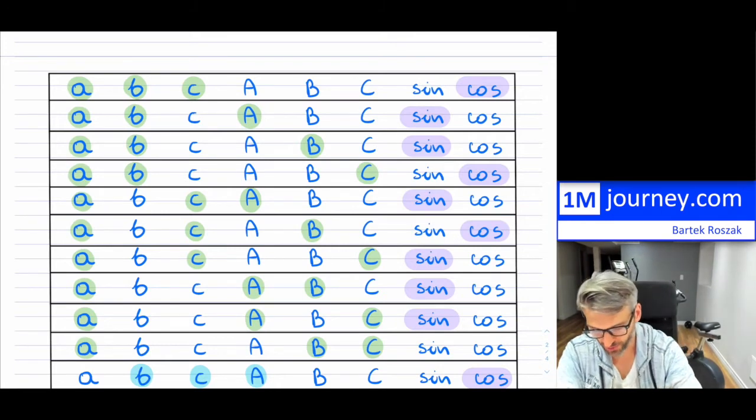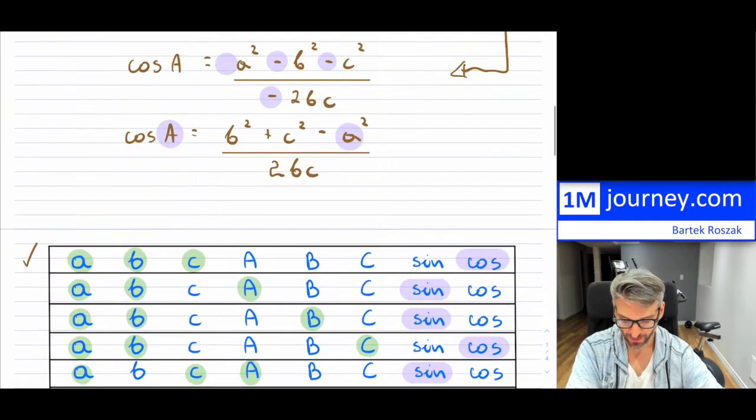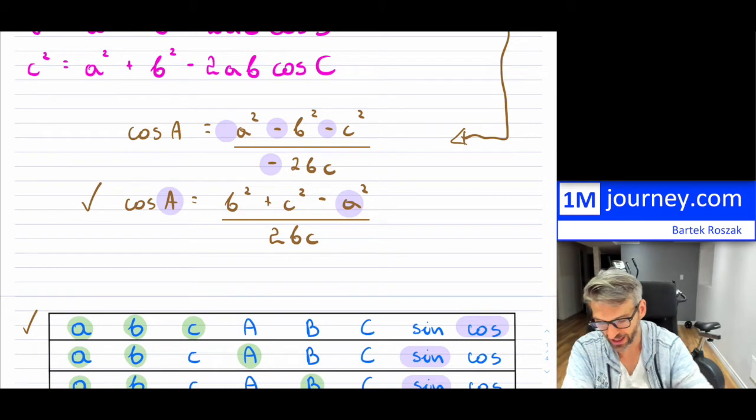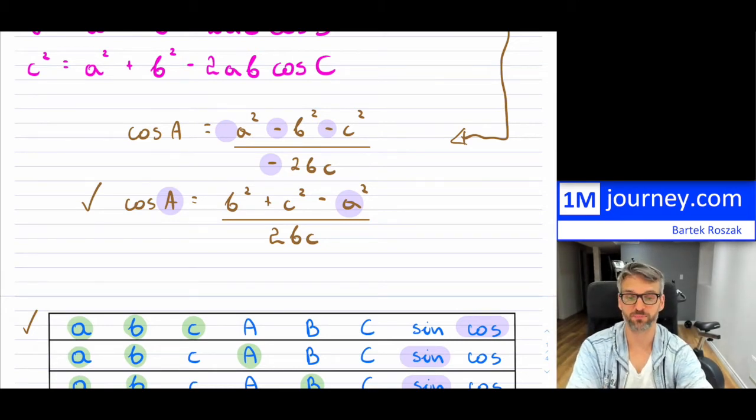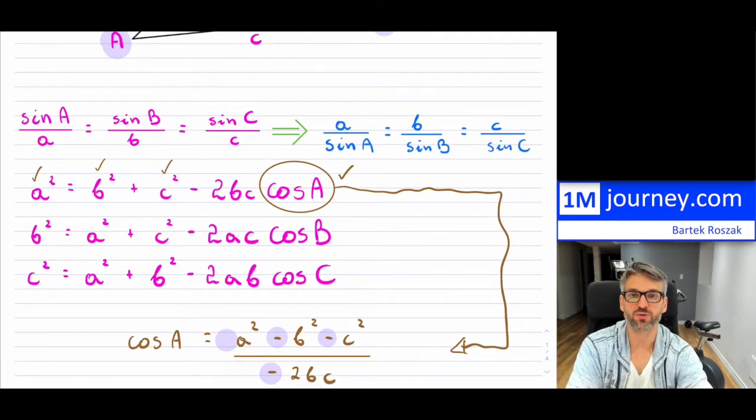So for example, in the first one, if you have a, b, and c, so if you know the lengths of each side, can you actually use the sine law or cosine law? Well, it turns out that you cannot use the sine law, but you can use the cosine law. With the cosine law you're going to be able to find any angle that you want. But unfortunately, for the sine law, if somebody gives you all the sides, that's great.